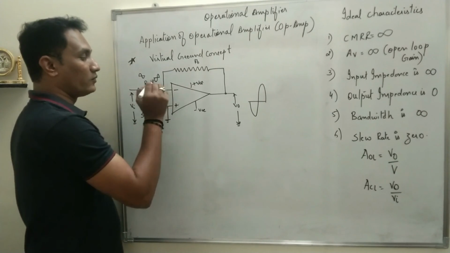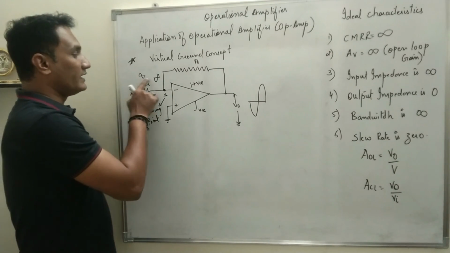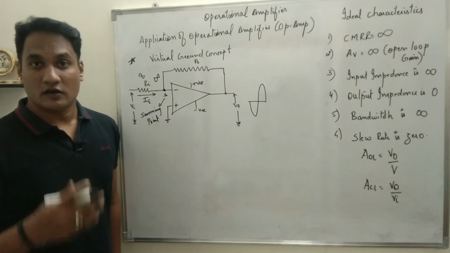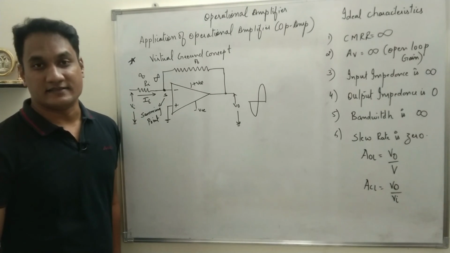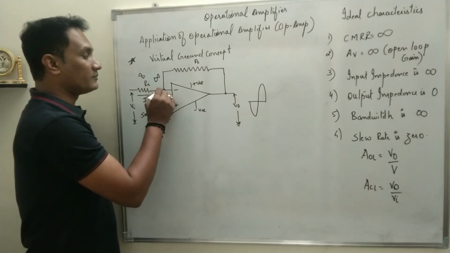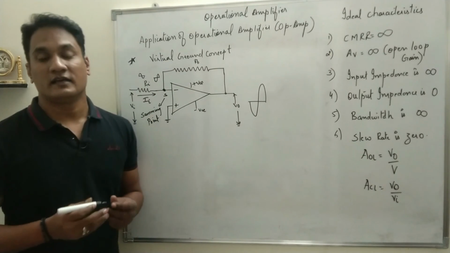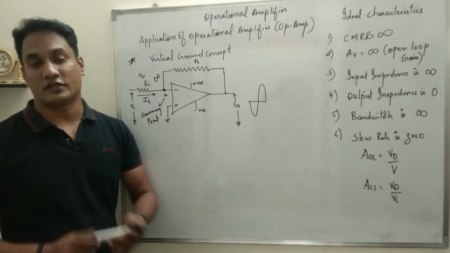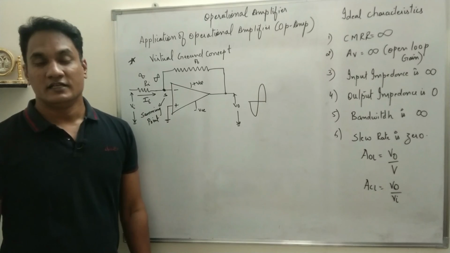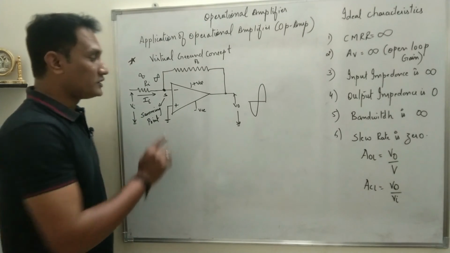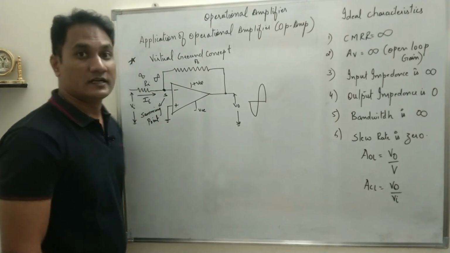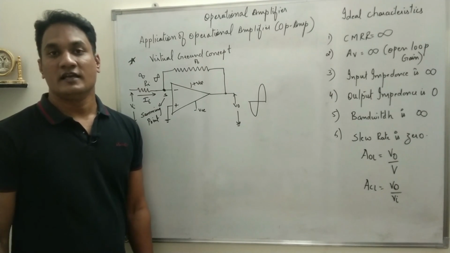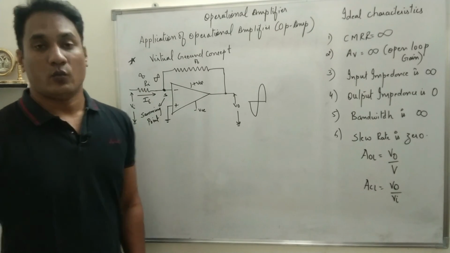At this point, these two currents of equal magnitude but opposite in phase will cancel each other, so the current at this point will be zero, and the voltage drop or potential at that point will be zero. Even though this point is not directly connected to ground, the voltage and current at this point are zero, and that is why it is called virtual ground.